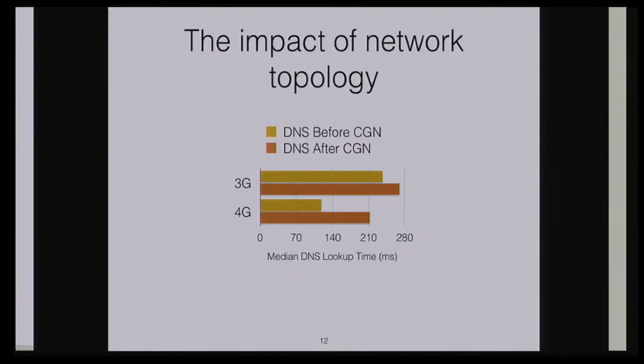As we can see in this figure, the position of the middleboxes also affects the performance. In this figure, we compare the DNS lookup time depending on whether the DNS resolver is placed before the carrier-grade NAT, in other words, as close as possible to the device, or after the carrier-grade NAT using third-party services. This test is instrumented to guarantee that the names we are looking for are not cached, so they go up to our authoritative name server.